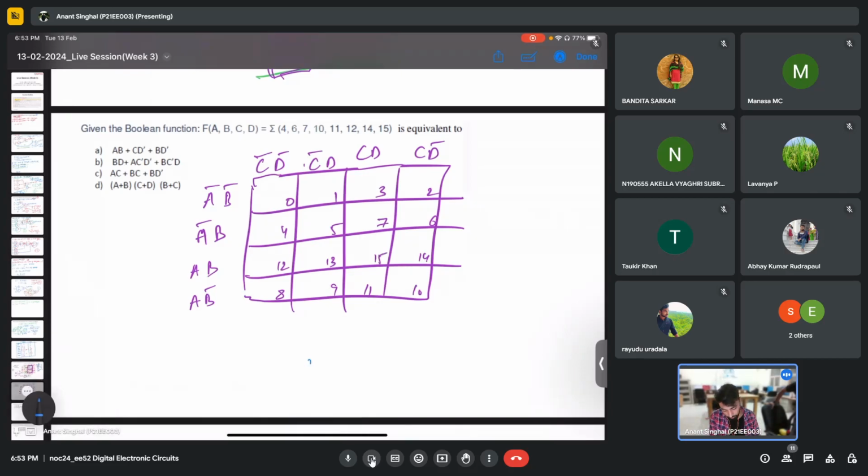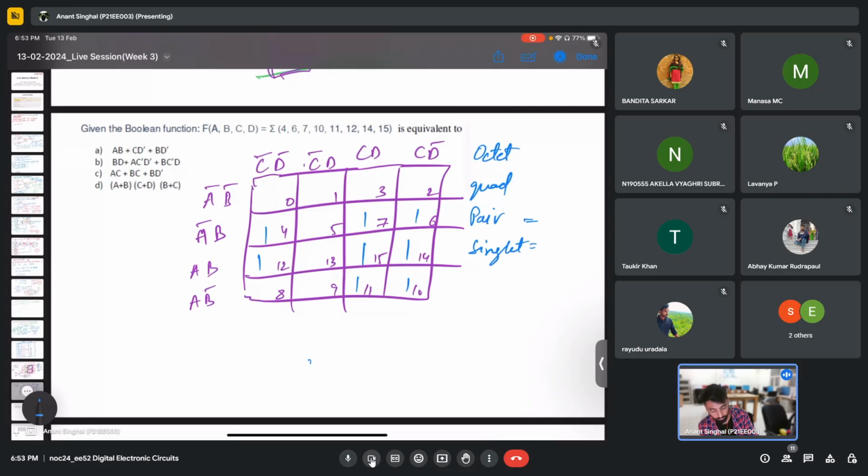So let's fill it out. So we have 4, 6, 7. Then we have 10, 11. Then we have 12, 14, and 15.